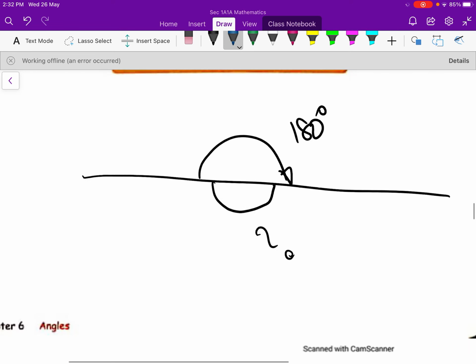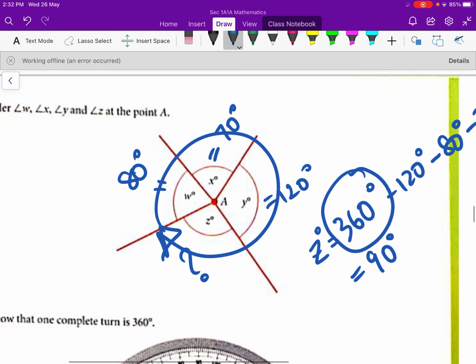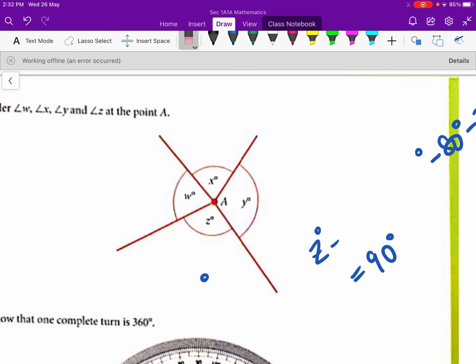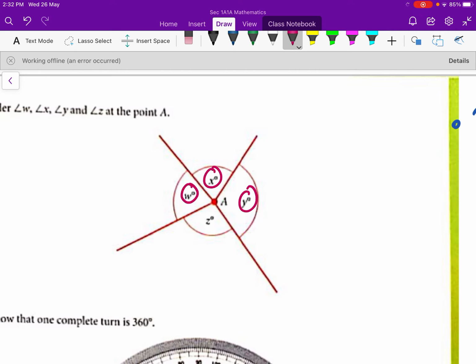Then similarly, for angles at a point, we learned that angle W plus X plus Y plus Z, because they form one complete round, they all add up to be 360 degrees.